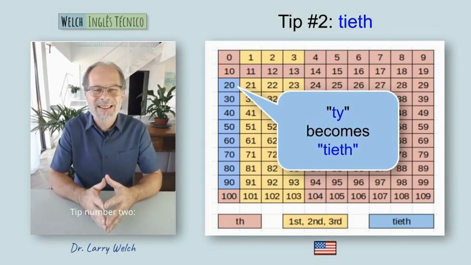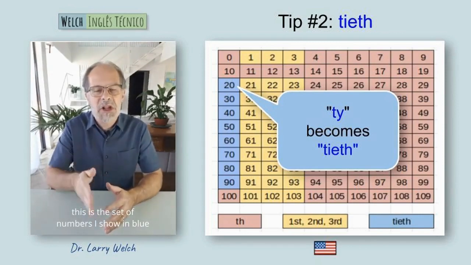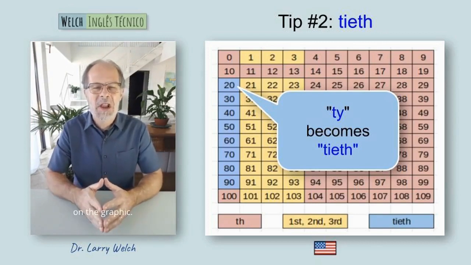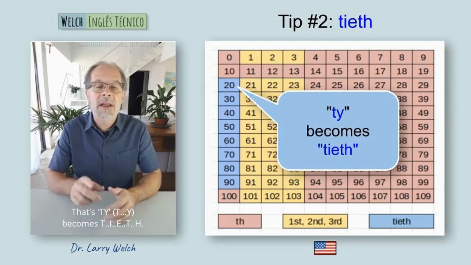Tip number 2. This is the set of numbers I show in blue on the graphic. The tip is TY becomes TIETH.